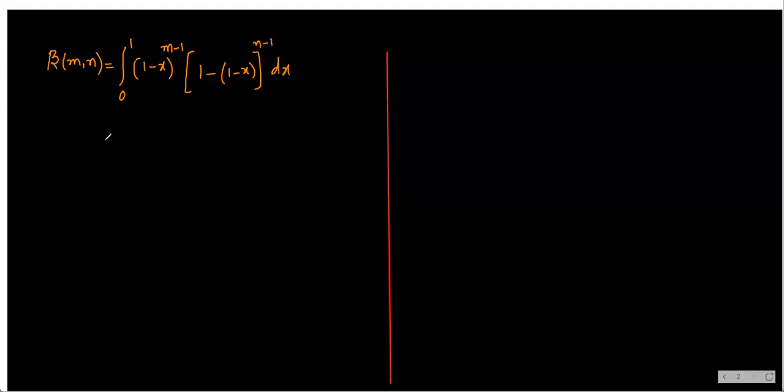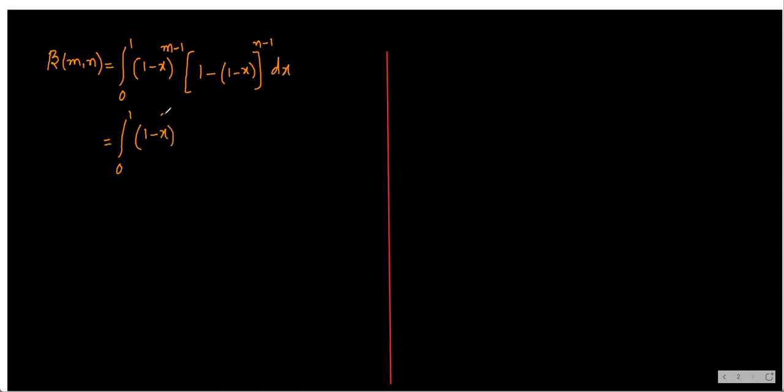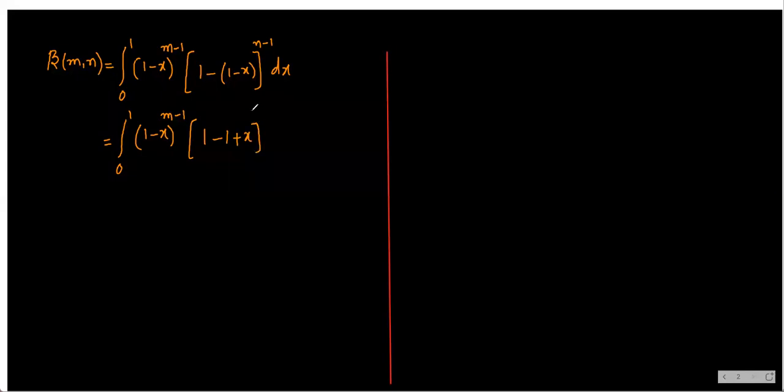Which can be written as integral 0 to 1. This 1 minus x, I am not going to change. M minus 1 will be as it is. This is the bracket one. If we operate with the minus sign, 1 minus 1 plus x, whole to the power of n minus 1 into dx. Now plus 1 minus 1 cancel out.